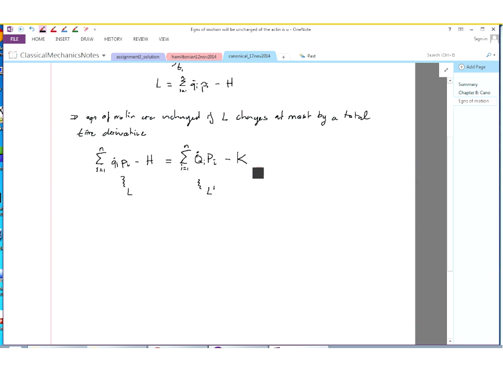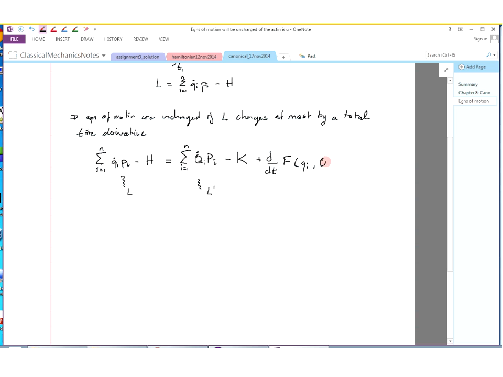But that's not the most general case, right? The most general case is that L can actually change by up to some total time derivative. So we can add here the total time derivative on the right-hand side, d/dt, of some function F. The function F can depend on the big Q's, the little q's, the big P's, or the little p's. It turns out that it has to mix the new and the old coordinates, and we'll see different cases later.